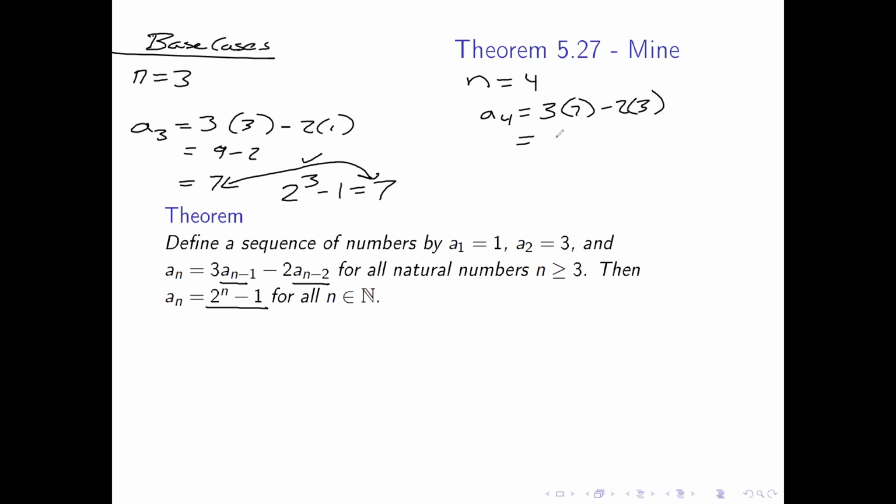This would be 21 minus 6, or in other words, 15. Another claim is that 2 to the fourth power minus 1 is 16 minus 1, which equals 15. And boom, again, we have the same ones.